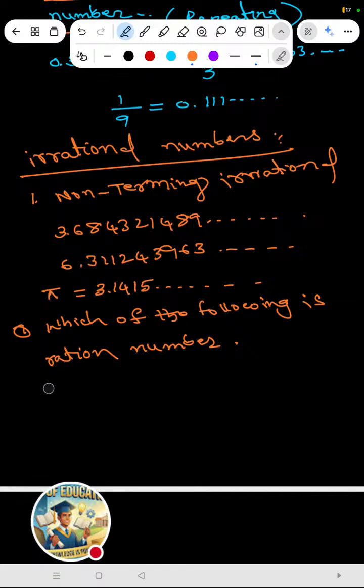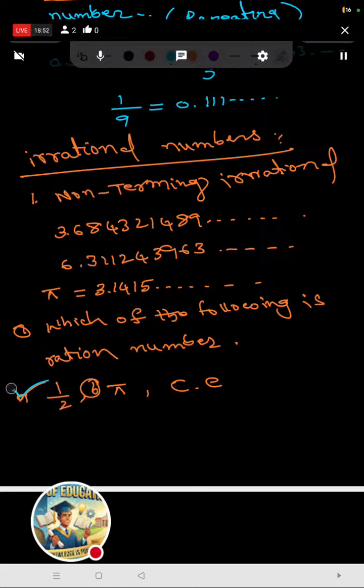They will give options like 1 by 2, pi, and so on. So which is the rational number? Option A, so we have to take option A. Irrational number means that is pi. Pi is an irrational number.